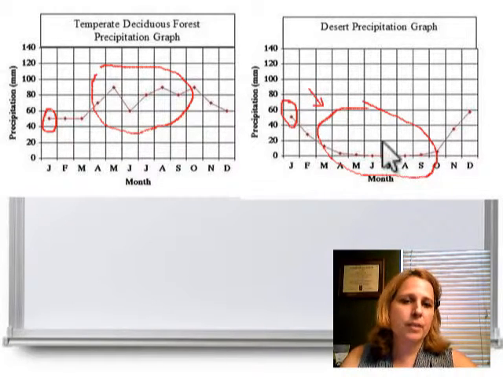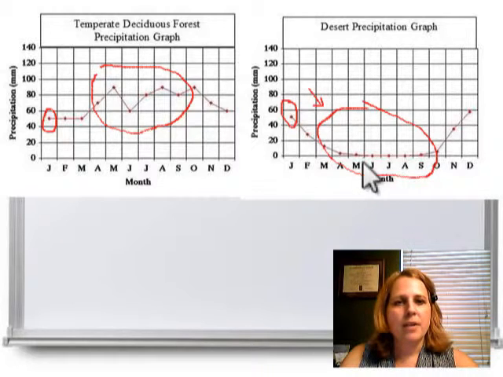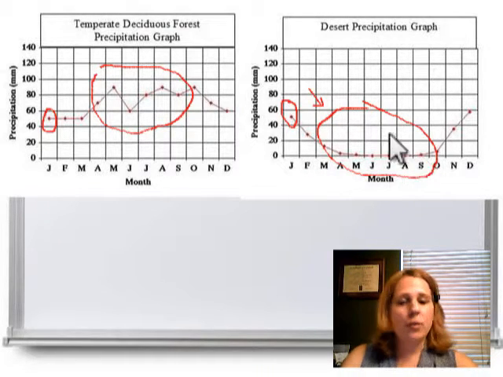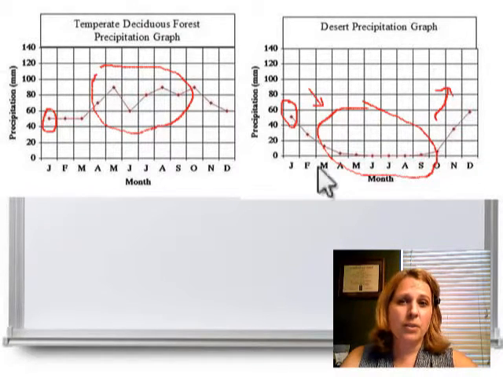Great decrease in precipitation amount, almost to nothing. So basically you have no rain in the summer, and then again when it starts to cool off, you get an increase in precipitation, which is almost the exact opposite of the deciduous forest.